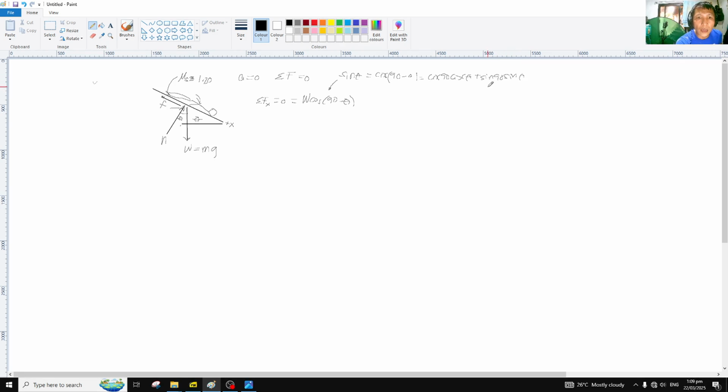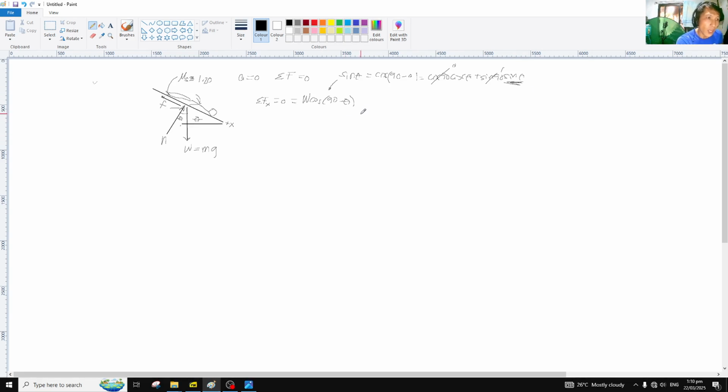And you know sine 90 degrees is 1, while cosine 90 is, because you have a 90-degree angle, that should be 0. Anyway, you can type it into your calculator. So this one becomes 0. So you are definitely left with sine theta.